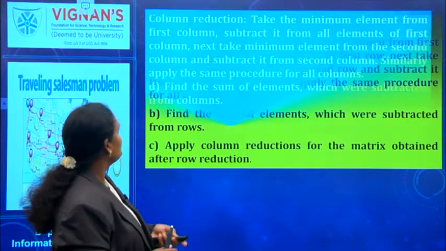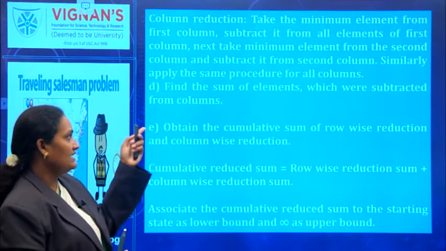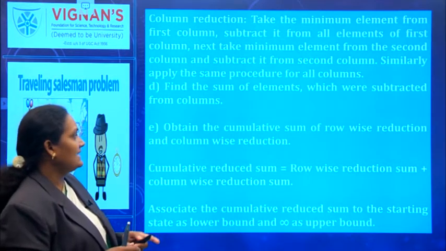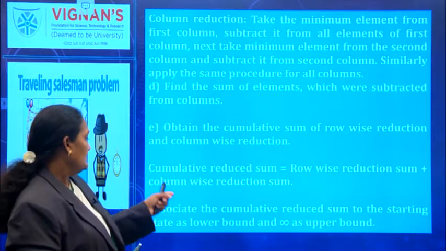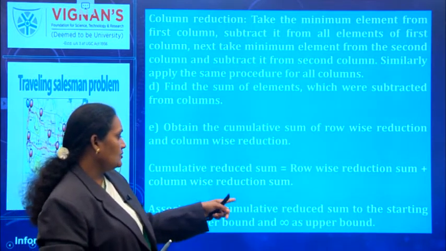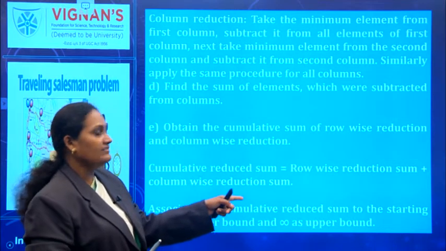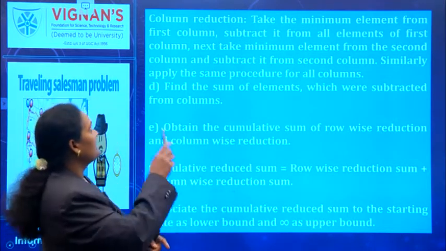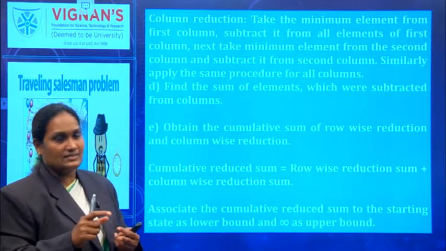Next, with the same process for column reduction, find the sum of elements. Now the next step we are going to follow is to associate the cumulative reduced sum with the starting state as the lower bound and infinite as the upper bound. So first we do the row reduction and find the sum of row reduction values.